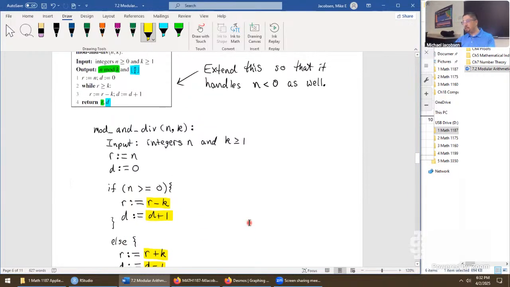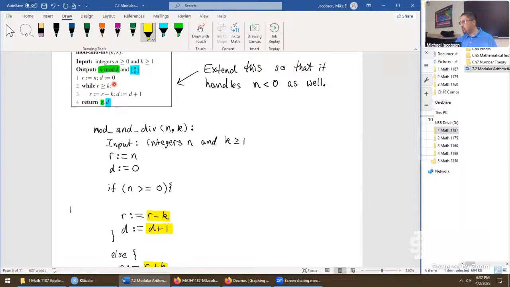I think I forgot one big part. The while, that never got written in, did it? I set the values, but the while should go right after the if. So if n is positive, while r remains greater than or equal to k, we'll do the syntax down below.